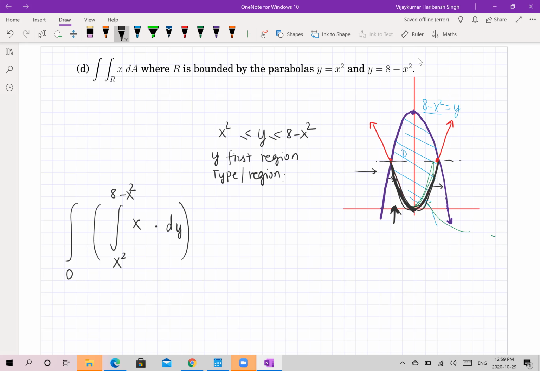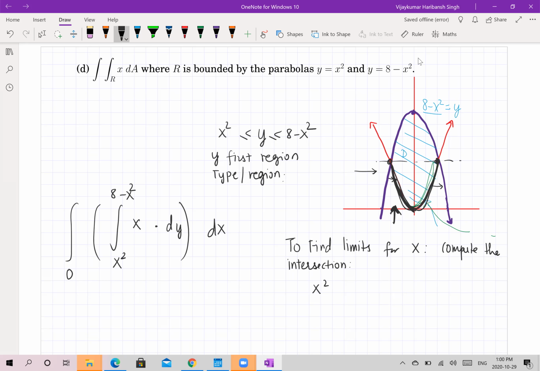Now what is my range for x? Where does my x change from? I need to compute these points to find the limits for x, so compute the intersection. To compute the intersection, we equate these two.